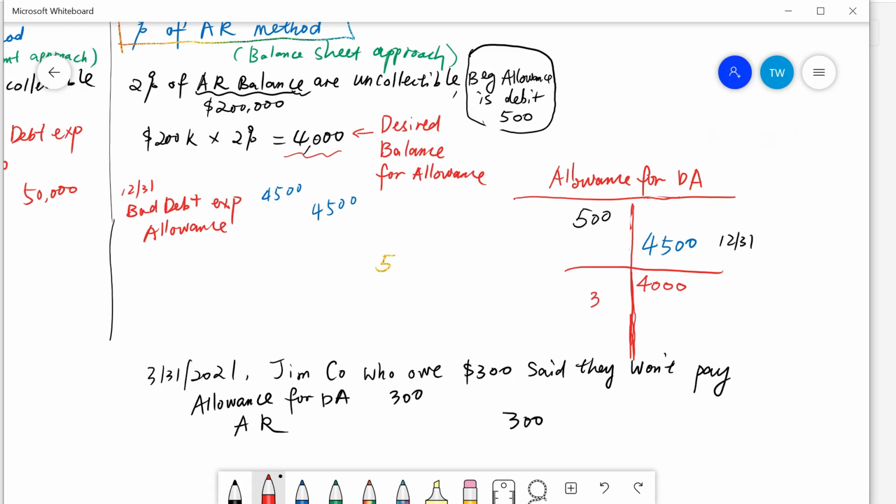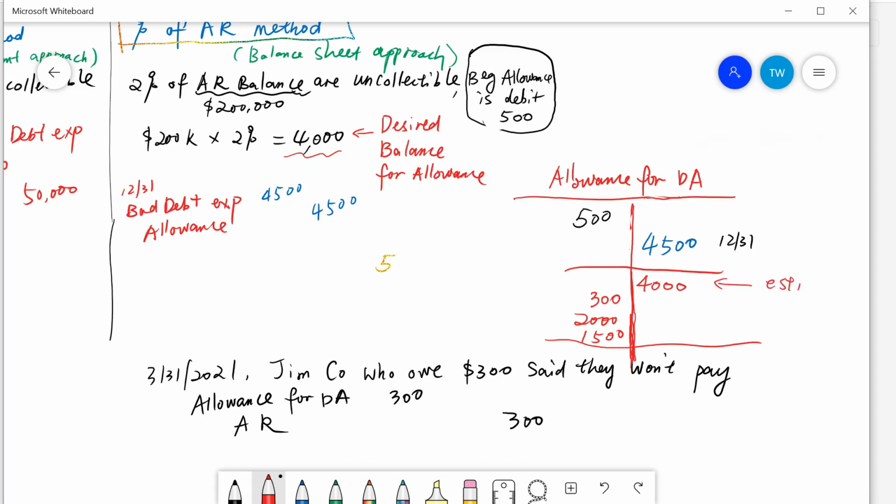So now you see we're gonna take $300 out of it. Now if someone else also defaults on us, for example, another person defaults $2,000, another person defaults $1,500, right?